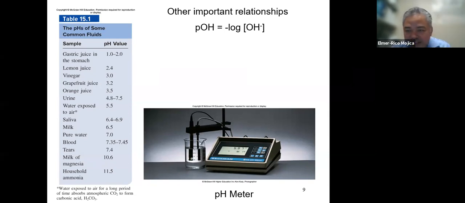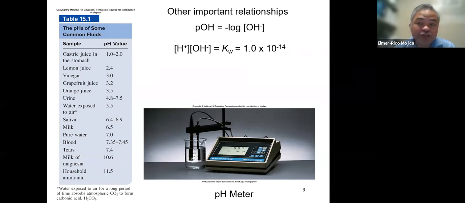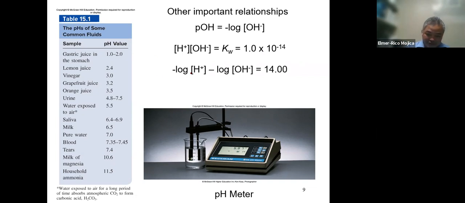Remember the Kw expression that we have, H plus times OH minus is equal to 1.0 times 10 to the negative 14. So what if we take the log of that? We get the log of H plus, the log of OH minus, and then the negative log of 1.0 times 10 to the negative 14, and it will give us 14.